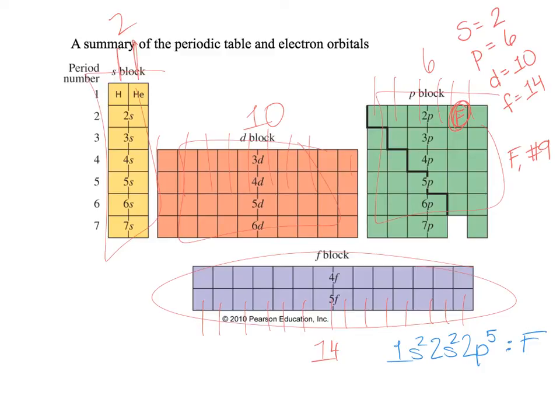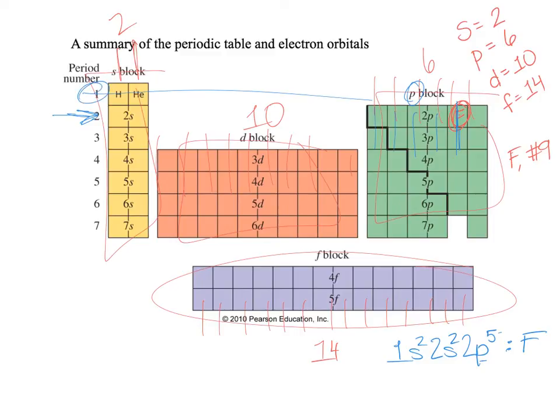Well, if we were to look at the periodic table and where fluorine sits, it sits in the P block, over here in this green section, and it sits 1, 2, 3, 4, 5 columns over, P block, 5th column, and it's on the second floor. So imagine that bookcase, I just flipped it upside down.